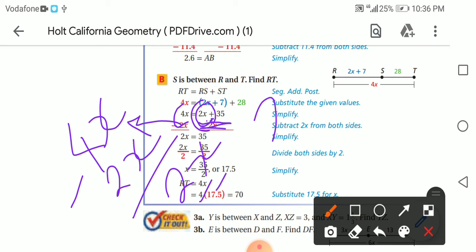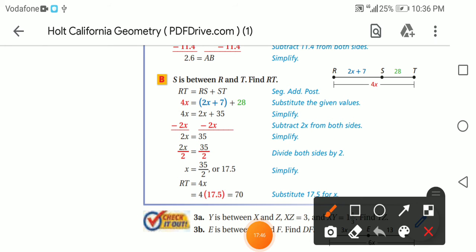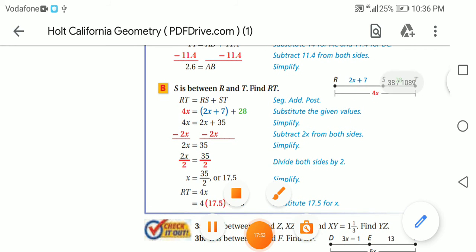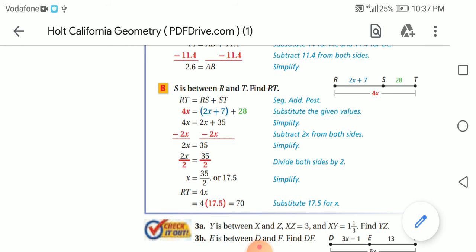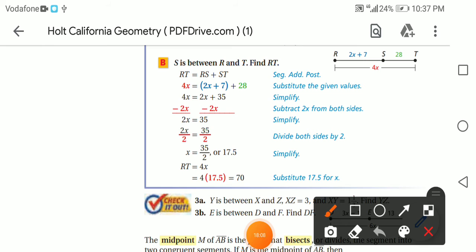And on the other side, 2x plus 35 minus 2x, I get rid of 2x. So after this I've got 2x equals 35.